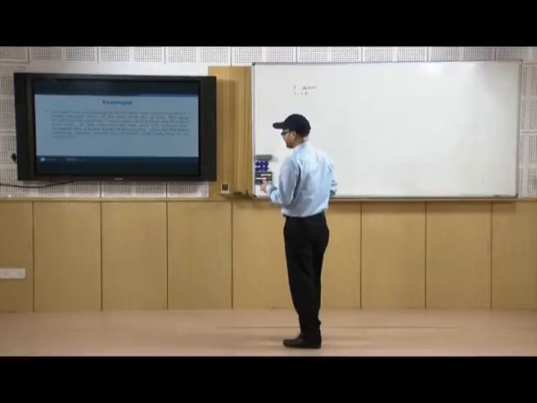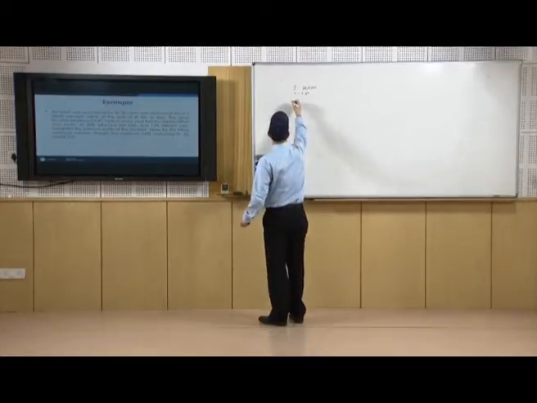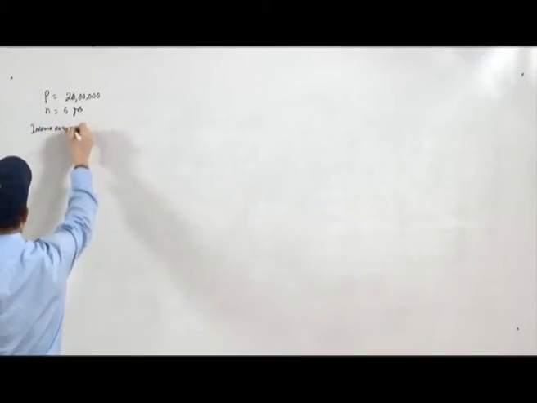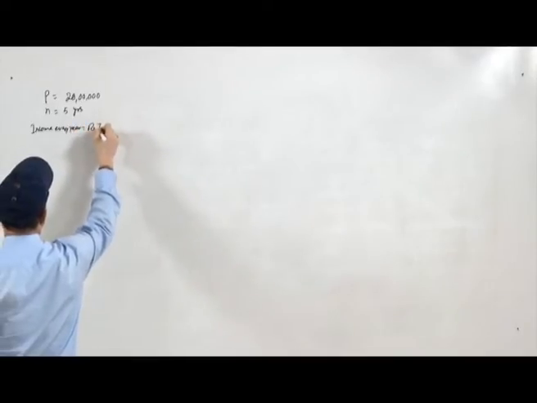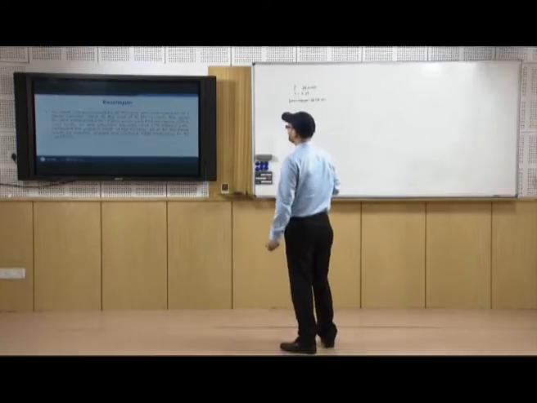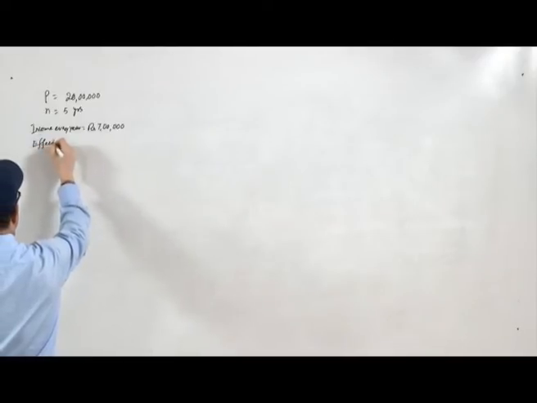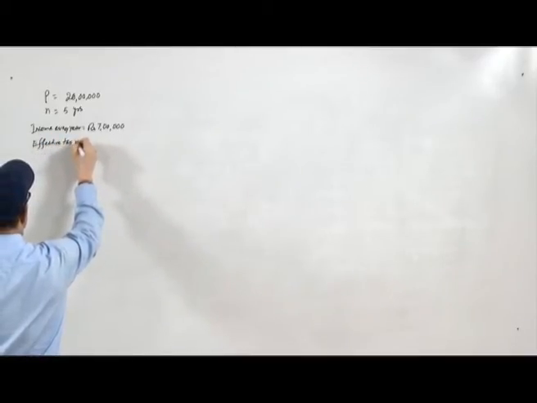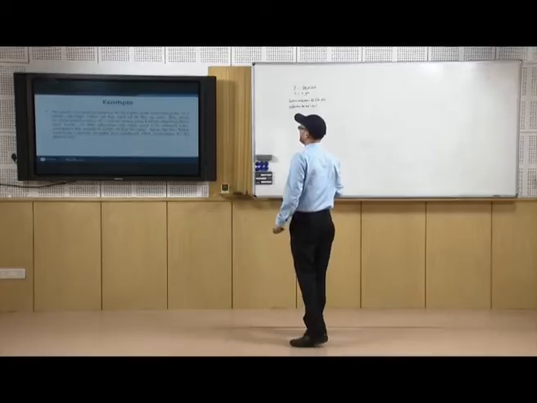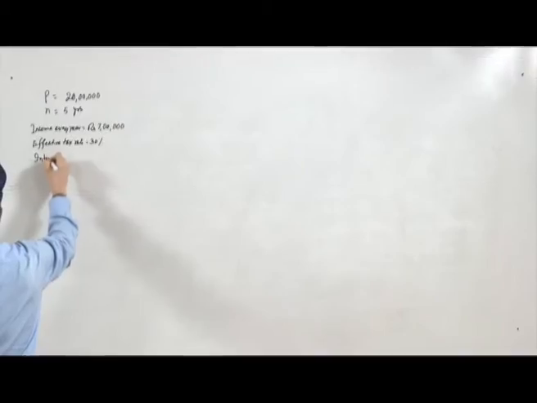Gross income produced is rupees 7 lakhs every year. Effective tax rate is 30%, and the internal rate of return, or interest rate, is given as 12%.